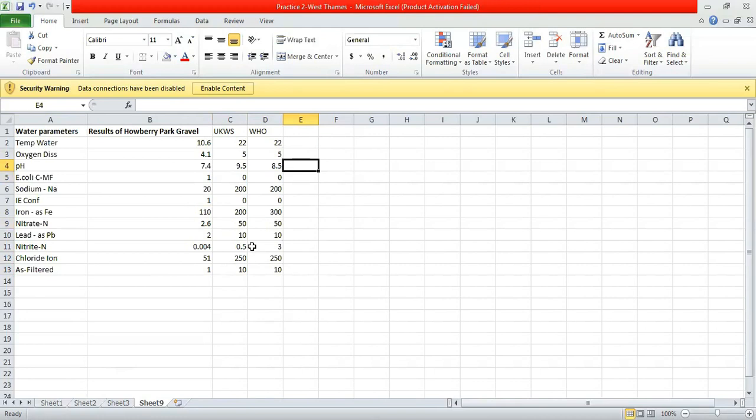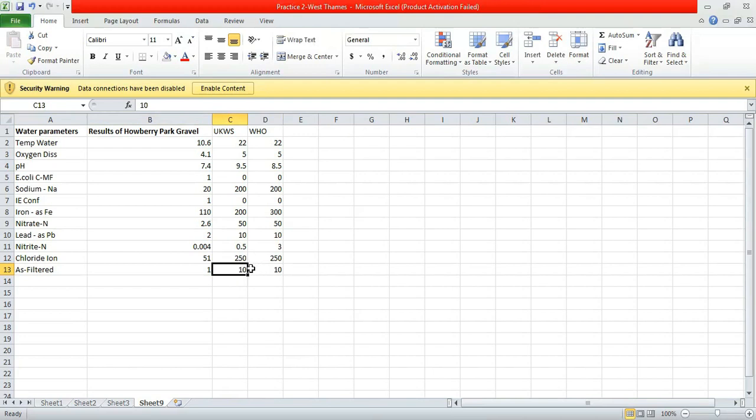So the most important thing about this data is that before we start analysis to bring out conclusions about this particular water source in UK, we must make sure that the units of measurement are the same. For example, arsenic is measured in micrograms per liter, and the standards also give the same unit.